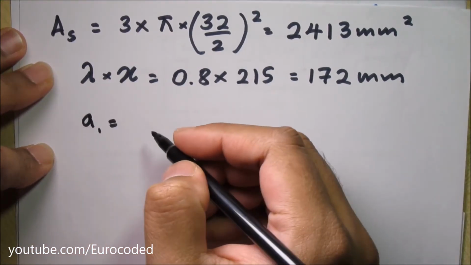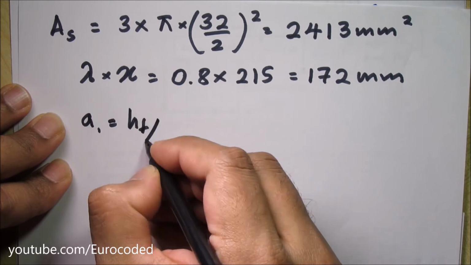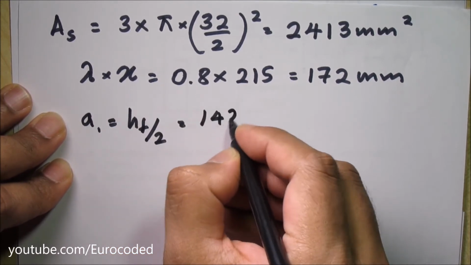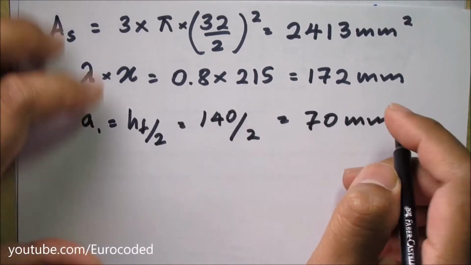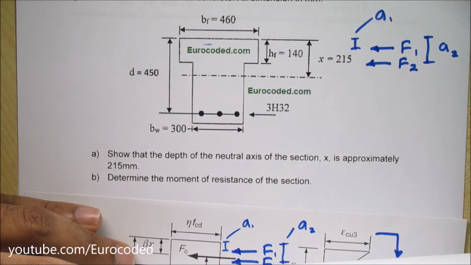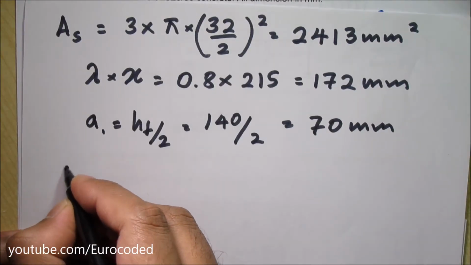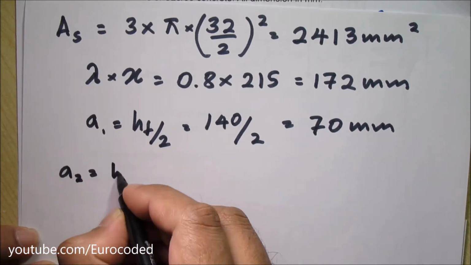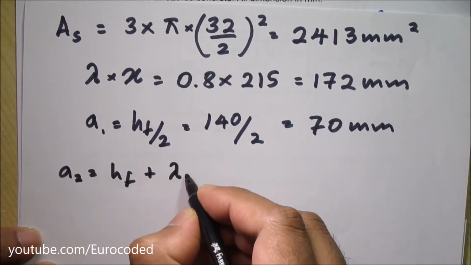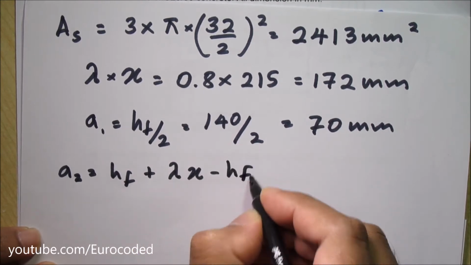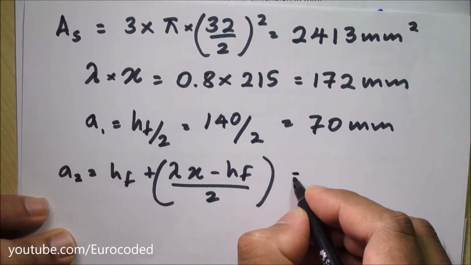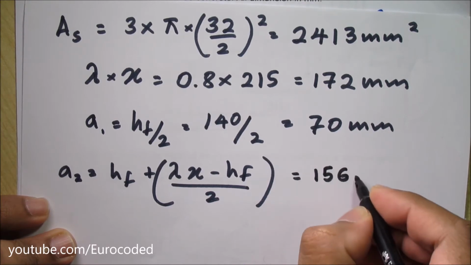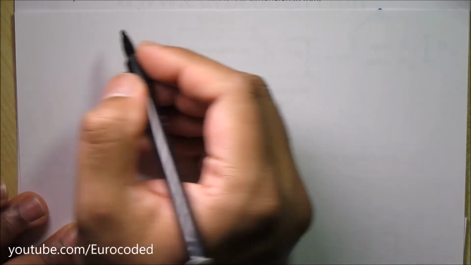A1 is equal to hf over 2, which is 140 over 2, equal to 70 millimeters. Then we can write A2 is equal to hf plus (lambda x minus hf) over 2, and this is equal to 156 millimeters.